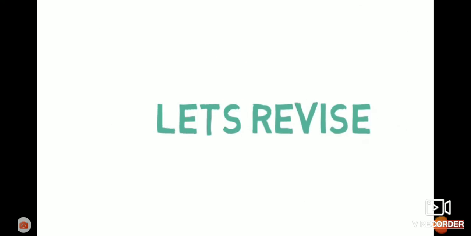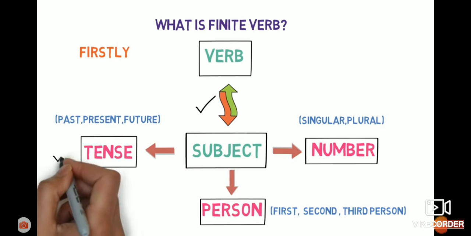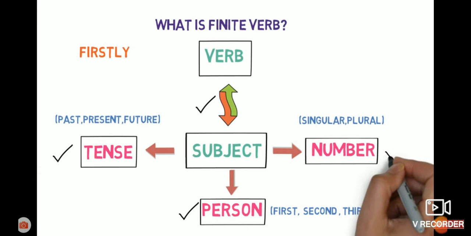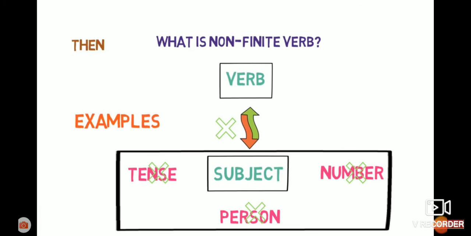That's all for now. Let's quickly revise what we have learned in this lesson. We understood what is finite verb. It is a verb that has an agreement with subject. It changes as per the tense, person, and number of the subject. Then we understood what is non-finite verb. It is a verb that has no agreement with the subject.